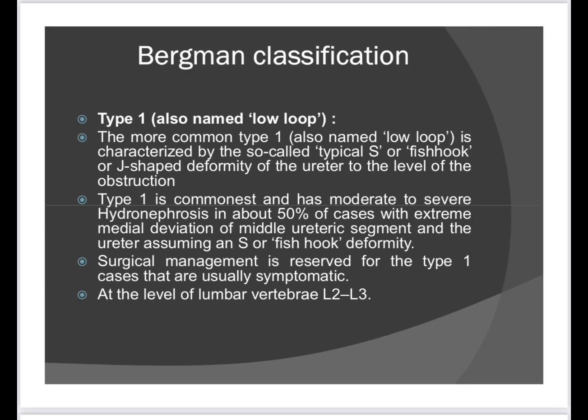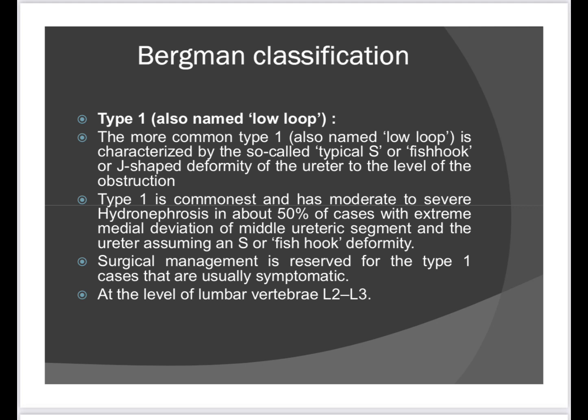And again, the classification of this retrocaval ureter is also important, and this classification is called the Bergman classification, and it consists of two types, type 1 and type 2. Type 1 is also called low loop.